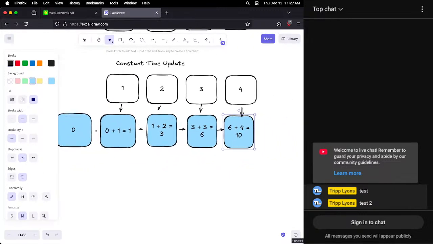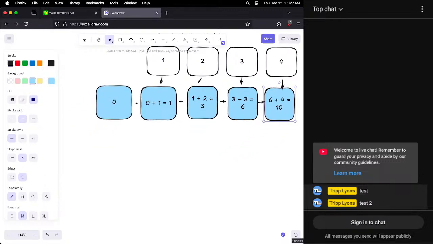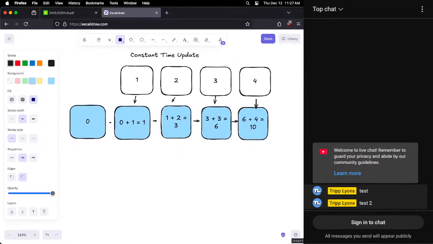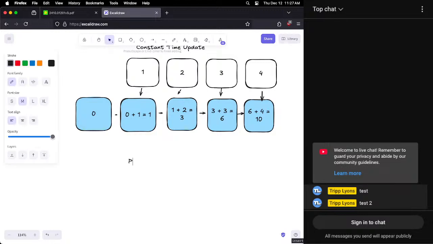And now, to do it in parallel, if you have highly parallelized hardware such as a GPU or even a CPU with the right instruction set, it's parallel update.